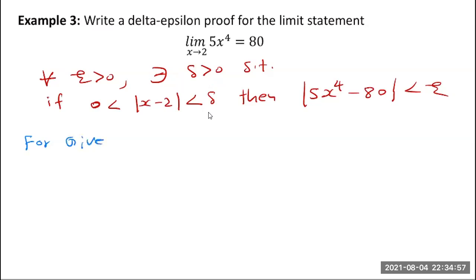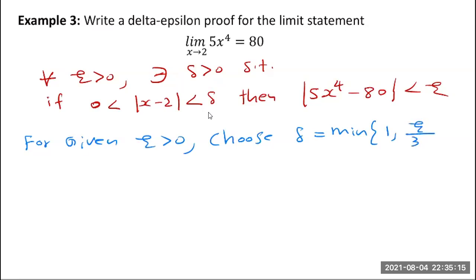For a given epsilon greater than 0, any epsilon greater than 0, I'm going to choose my delta to be the minimum of 1 and epsilon over 325. You might be wondering how I came up with this magical thing.